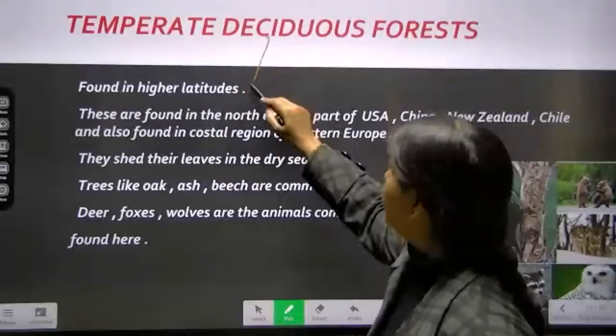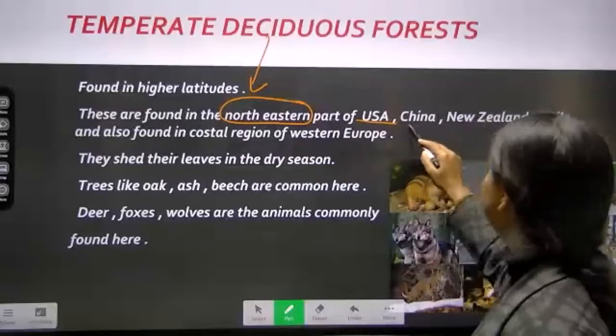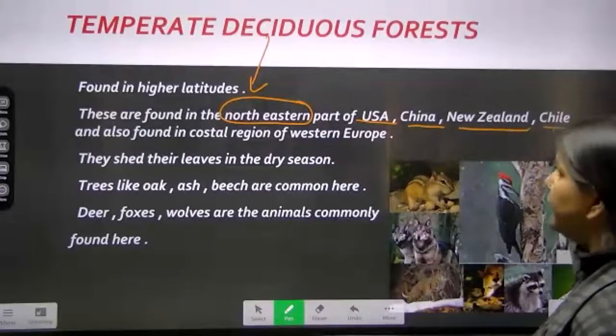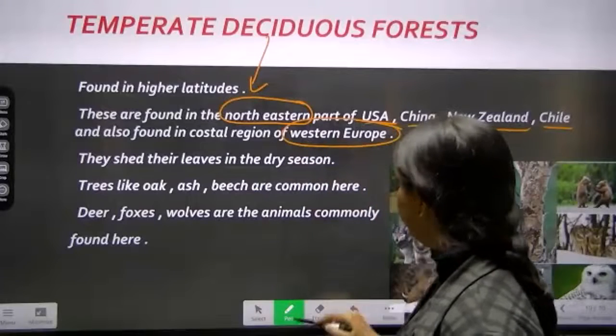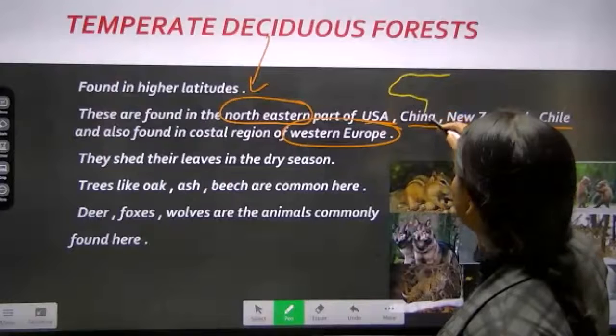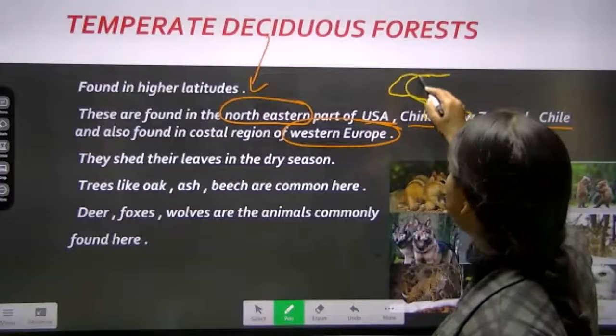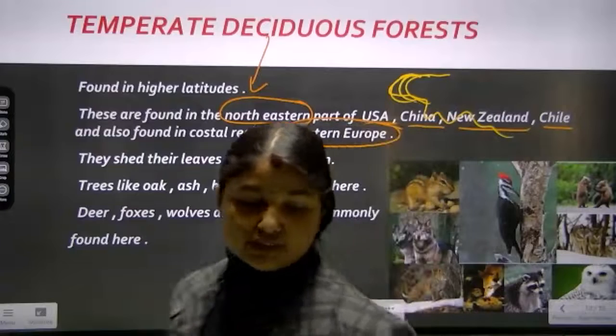This temperate deciduous forest we find in the northeastern part of USA, China, New Zealand, Chile, and also the coastal region of Western Europe. It means if you see Europe, this one part of Europe, in the western part of Europe also, we find this temperate deciduous forest.